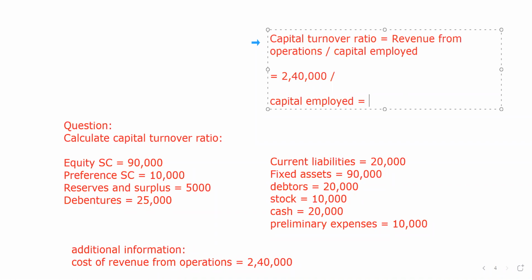Either it can be fixed assets plus net working capital, or it can be equity share capital plus preference share capital plus reserves and surplus plus long-term borrowings, minus fictitious assets, etc. Last year also we learned in case of one of the ratios that net capital employed means share capital plus reserves and surplus plus debentures.